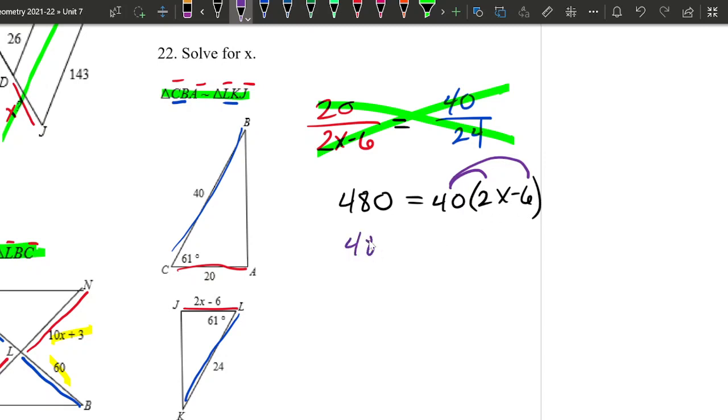So we have 480 equals 80x minus 240, negative 6 times 40. All right, I'm going to keep solving for x. So I'm going to add 240.